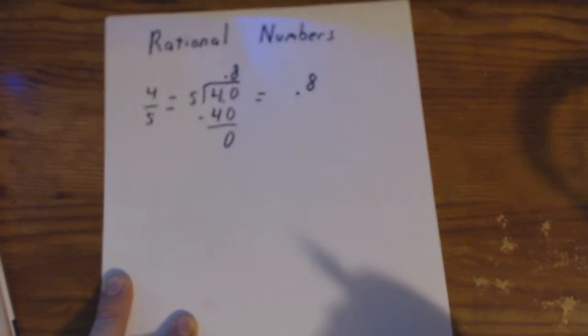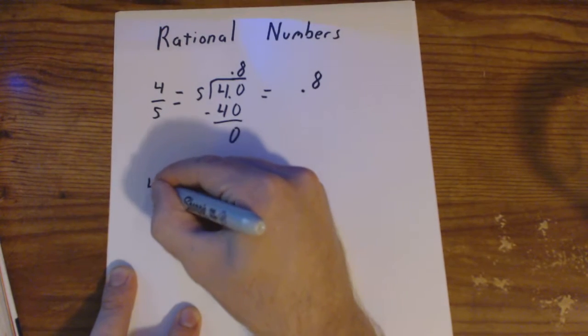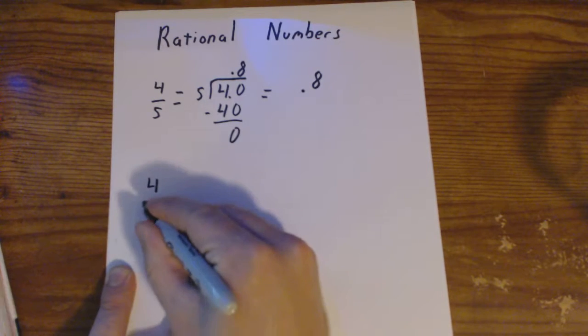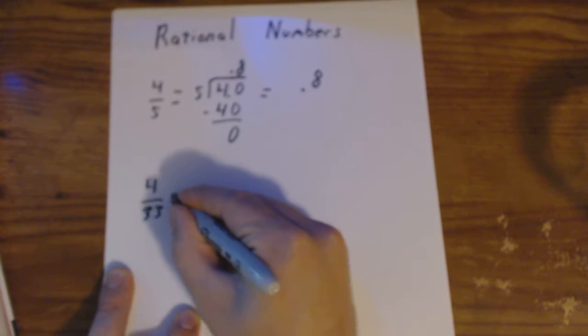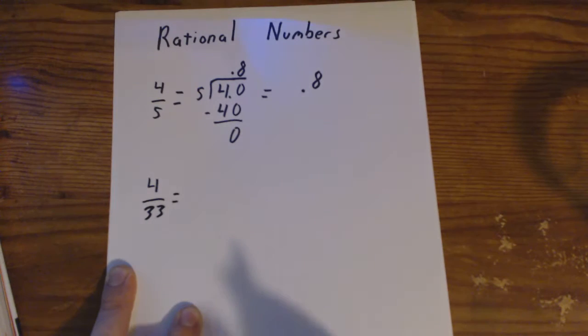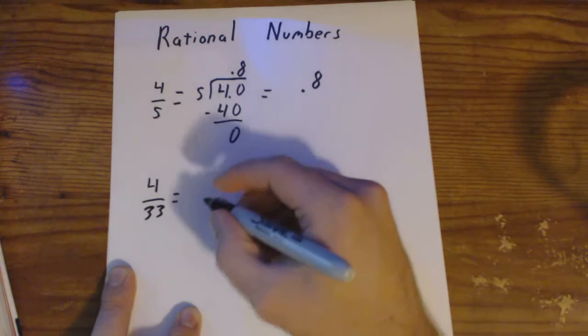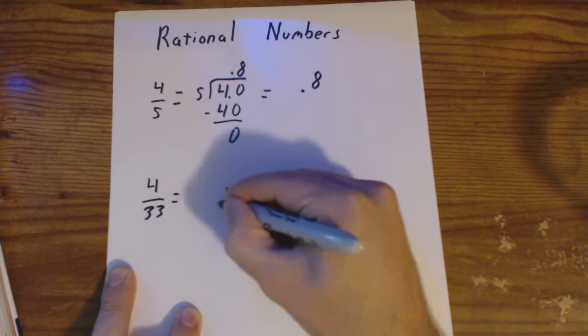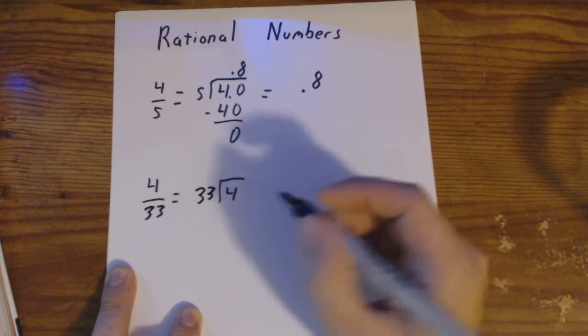So for an example where you might see a repeating decimal, let's go with 4 over 33. We're going to repeat the same process to find how to write this number as a decimal. We're going to take 4 and divide it by 33. Does that go into 4?